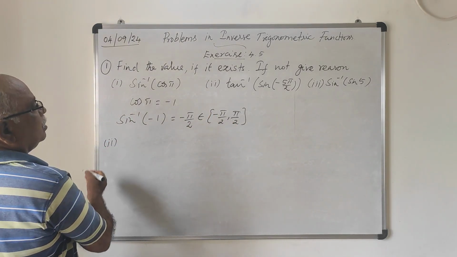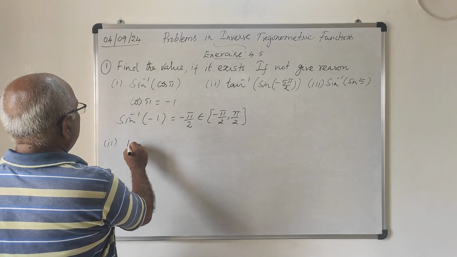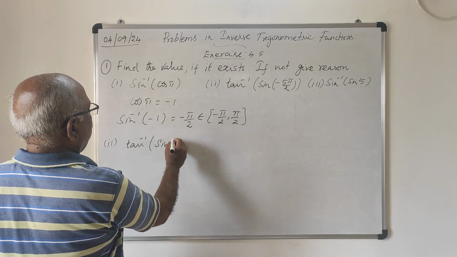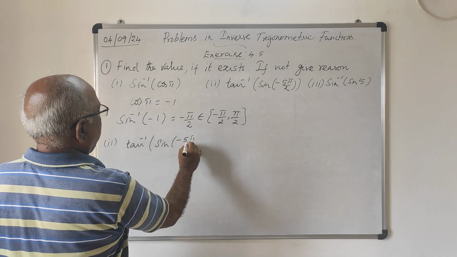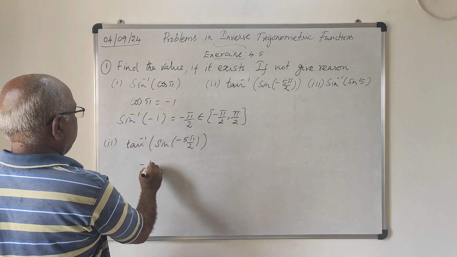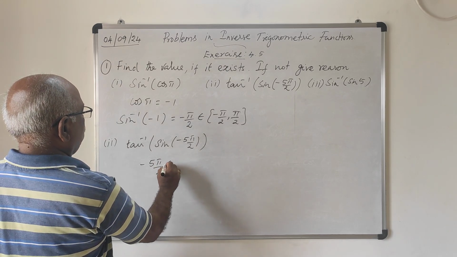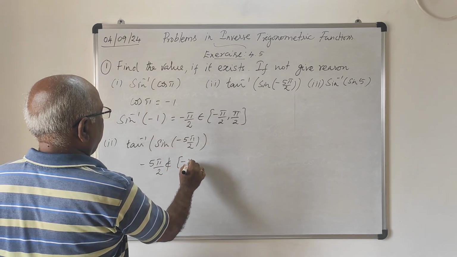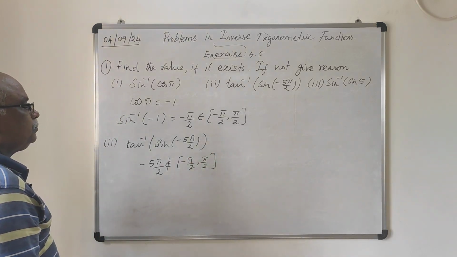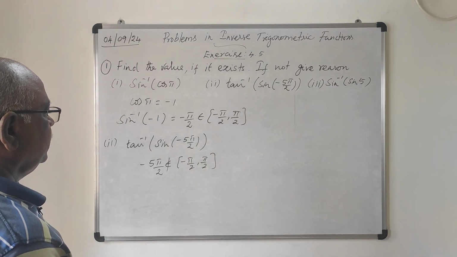Second sum. Tan inverse of sine of minus pi by 2. Here, minus pi by 2 does not belong to the interval minus pi by 2 to pi by 2. Okay.